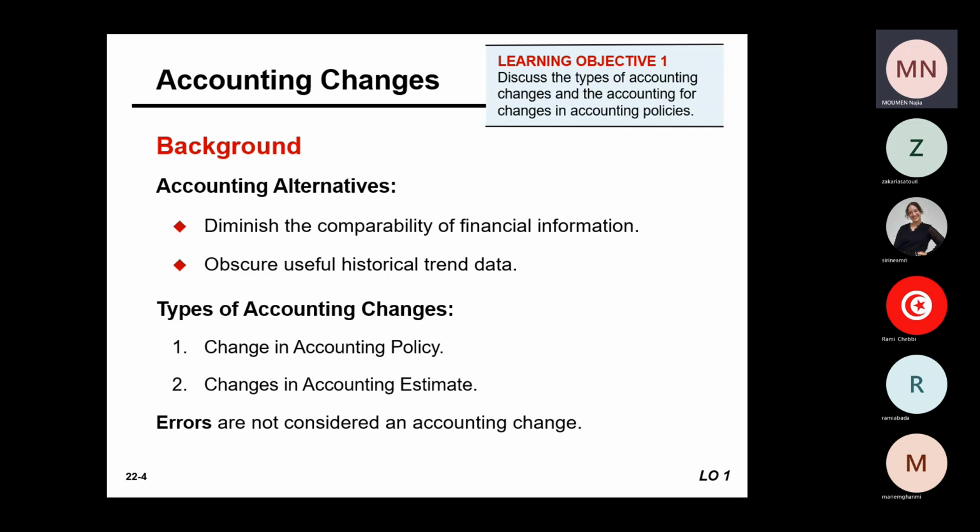And that's the merit, and that's also one of the criticisms made of IFRS: when you are offering many possibilities to businesses, to the preparers of financial statements, it may diminish the comparability of financial information.